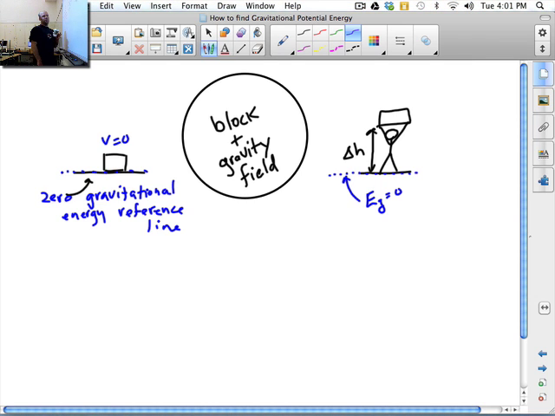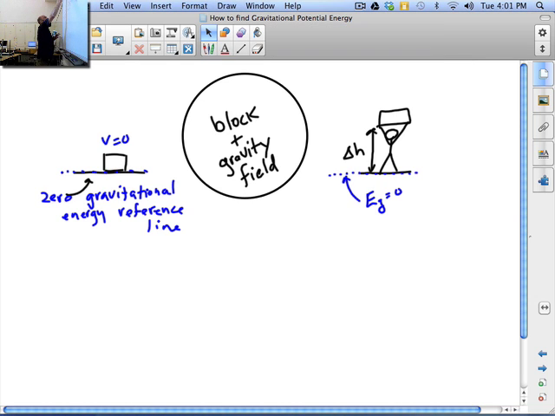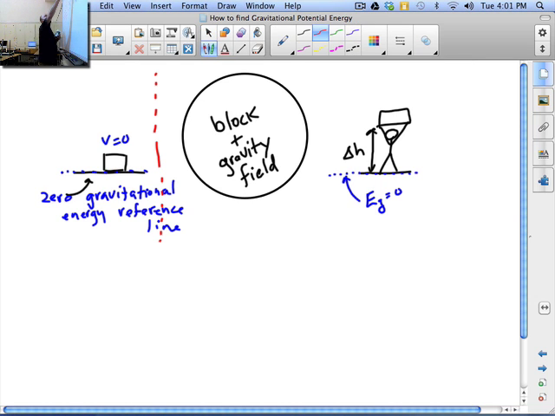Is there anything exerting force on our system between the moment in time on the left and the moment in time on the right? Yeah, the person had to lift it. So, since the person had to lift our system, he's doing work on the block energy system.